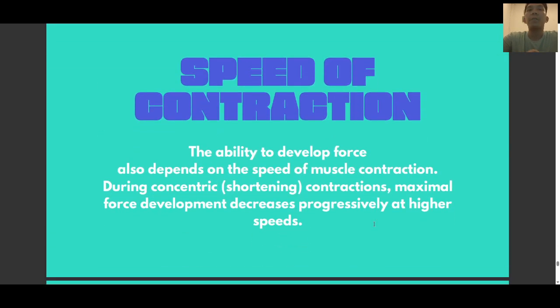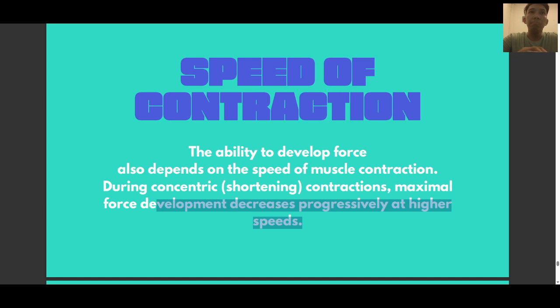So, speed of contraction, just like what I shared with you on the generation of force. Okay? The ability to develop force also depends on the speed of muscle contraction. During concentric or shortening contractions, maximal force development decreases progressively at higher speeds.